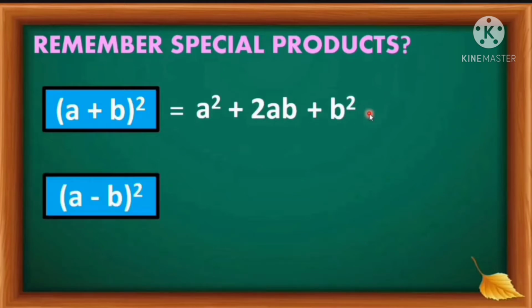How about if we have a minus b squared? The same as what we have done with the first example, what we're going to do is to get the square of the first term, that would be a squared.